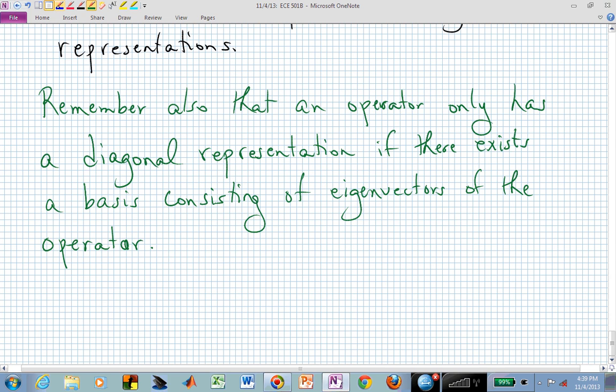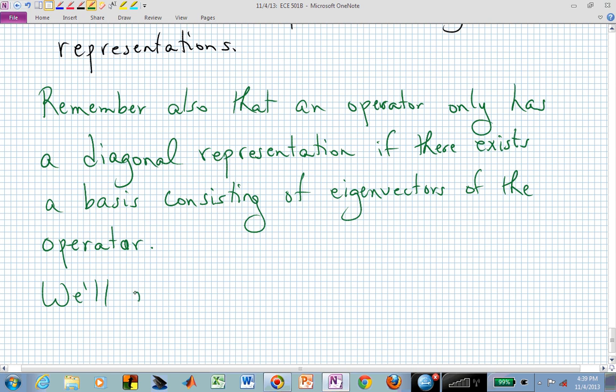So now we'd like to have this basis being eigenvectors, and now that we've introduced inner product spaces that allow us to determine when vectors are orthogonal or orthonormal, we can scale those vectors to be orthonormal.